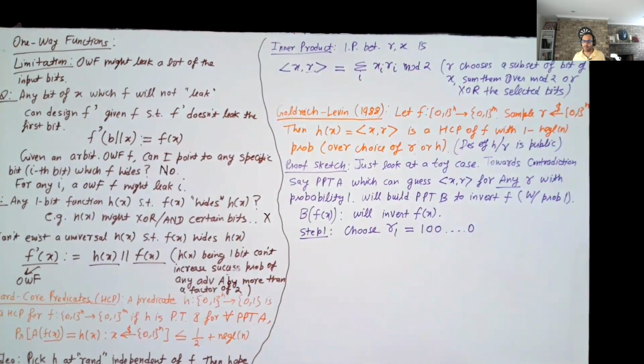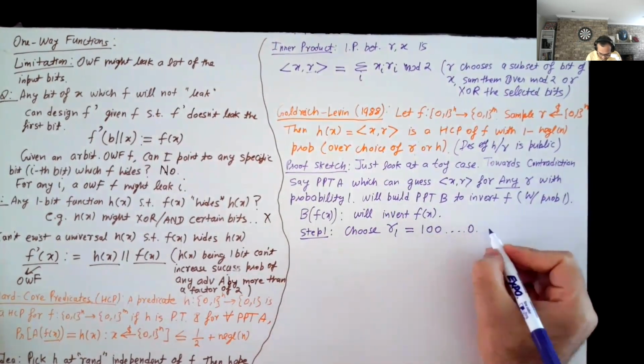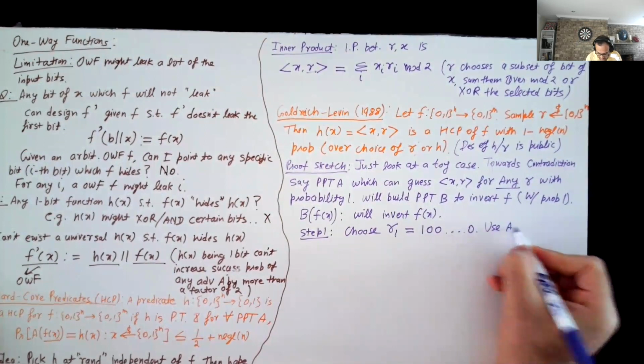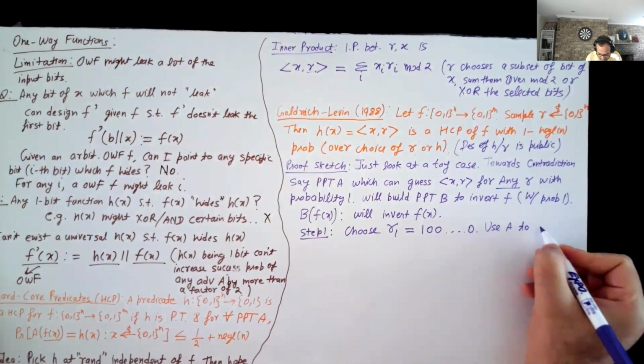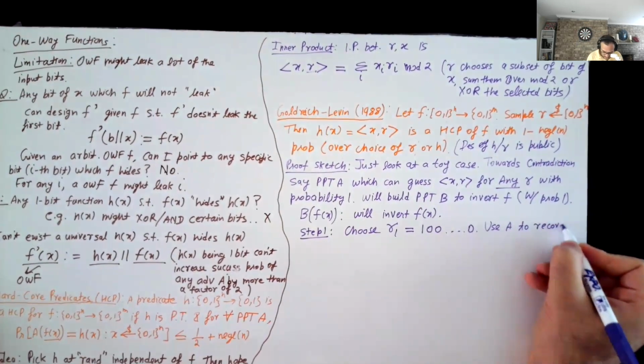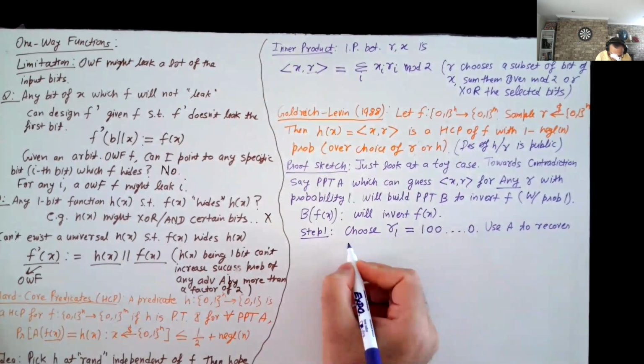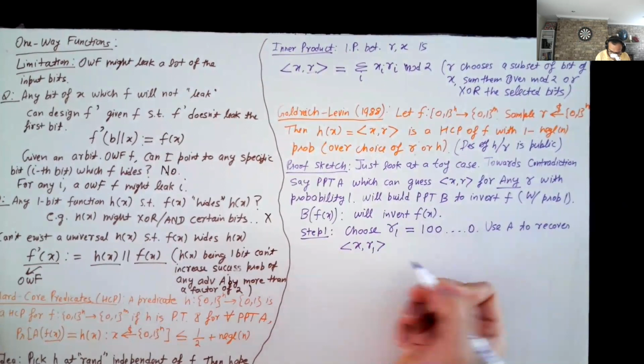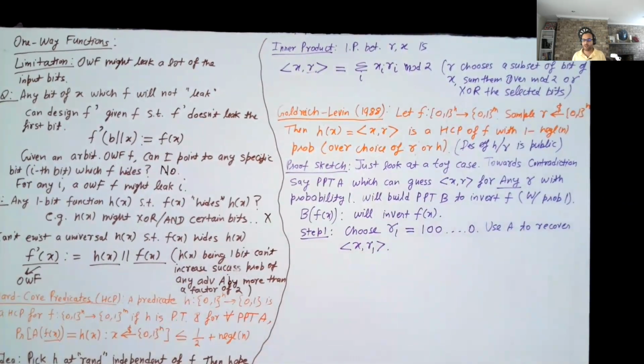Every other bit is 0. Now use A to recover the inner product of X and R1.